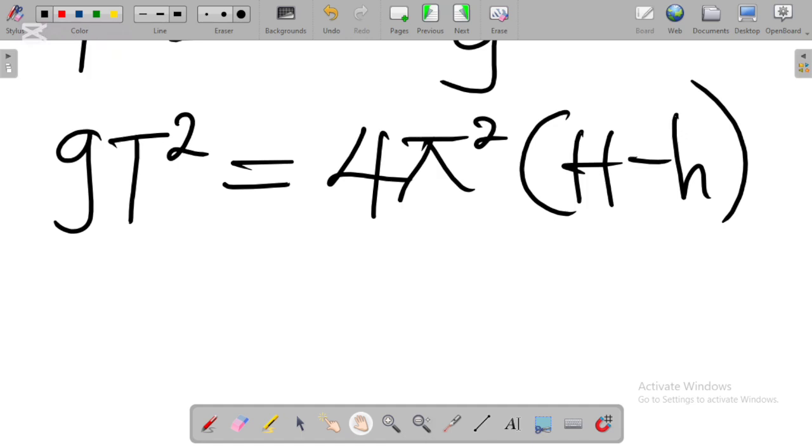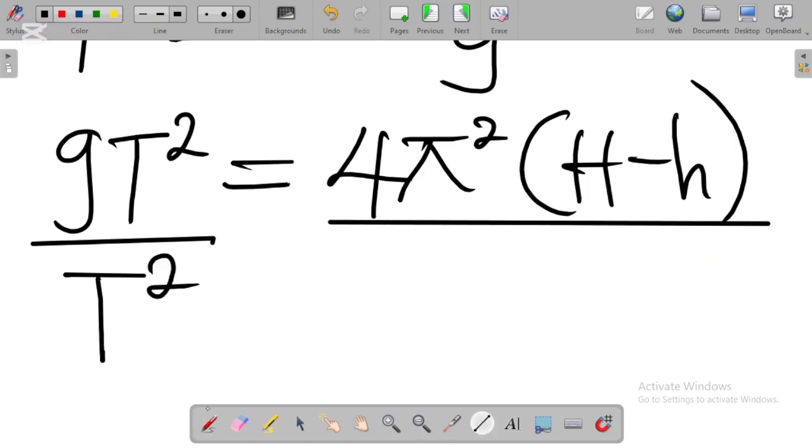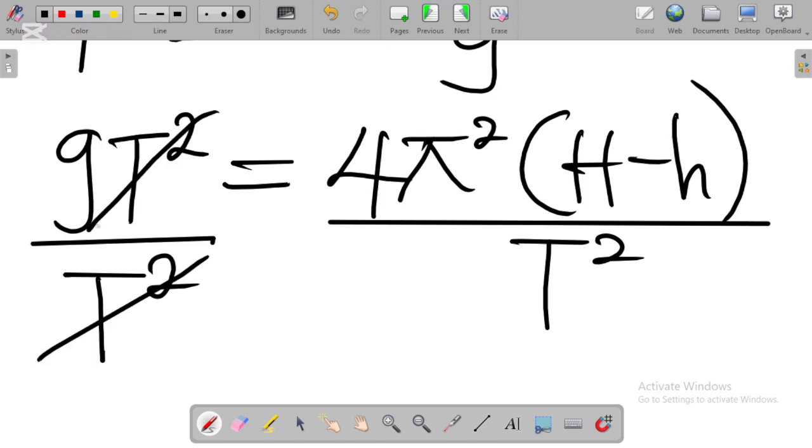Alright, so since we are looking for the value of G, we simply divide both sides by T square. If you divide both sides by T square, T square cancels T square.